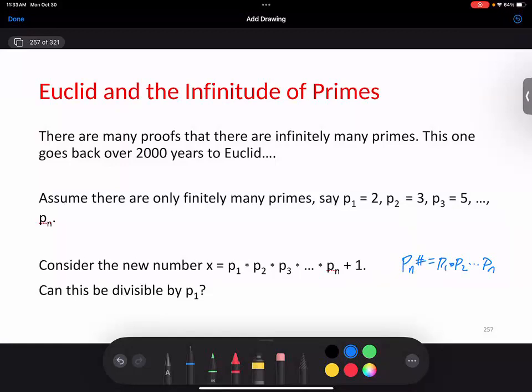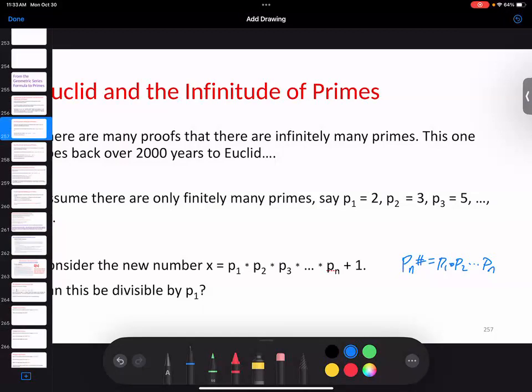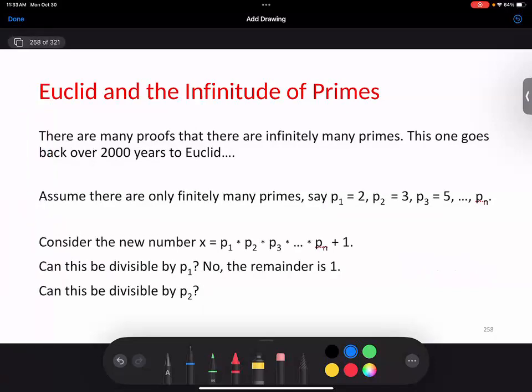Why not? How would you phrase it? I would phrase it as the remainder is 1. If we know the first term is a multiple of P1, and 1 is not divisible by P1, then it can't be. Can it be divisible by P2? No, same reason.